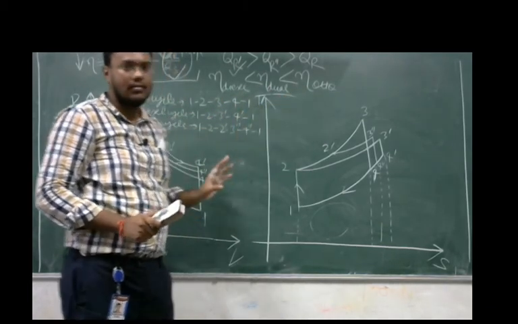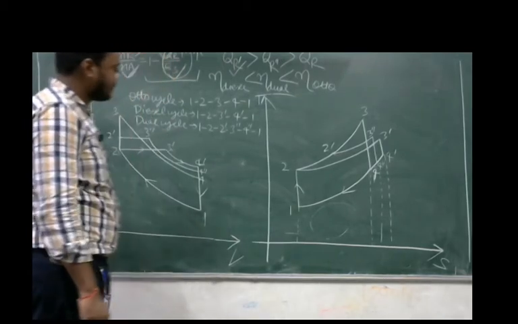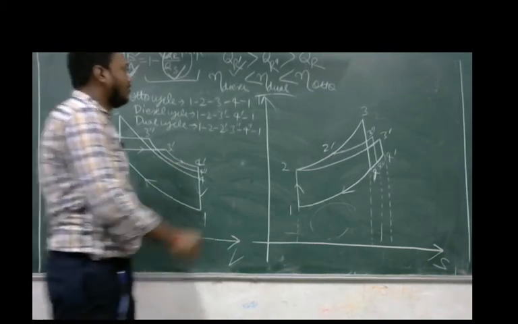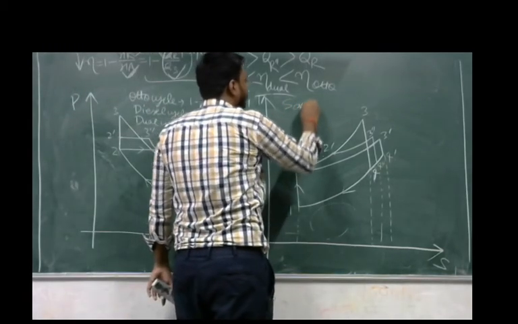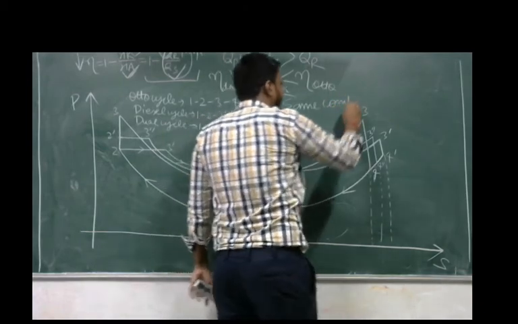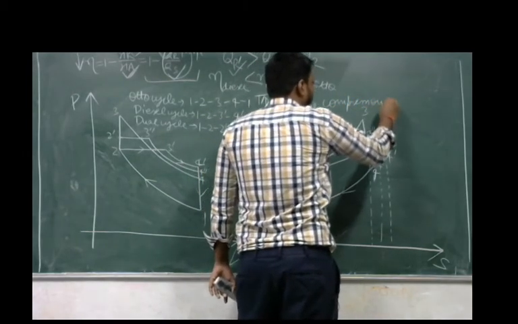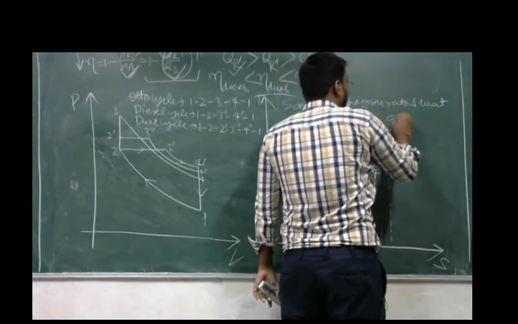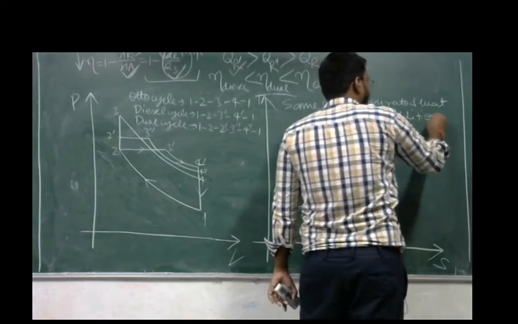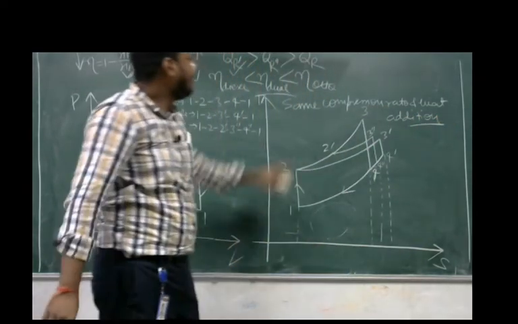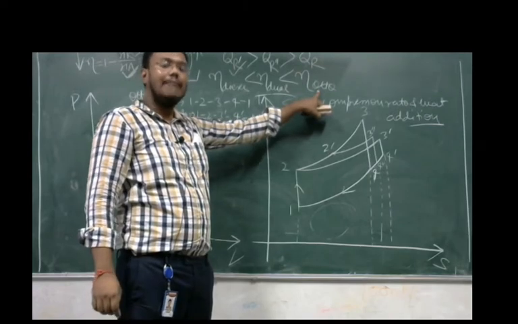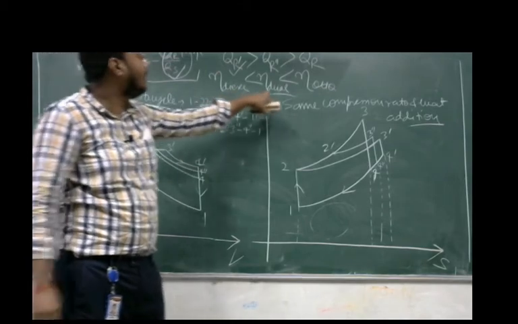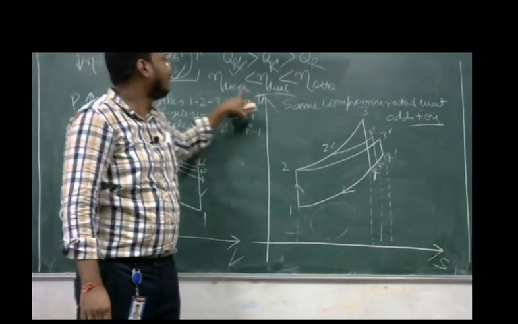So now we have concluded that for same compression ratio and heat addition, efficiency of Otto cycle will be maximum and efficiency of diesel cycle will be minimum, and efficiency of dual cycle lies between Otto cycle and diesel cycle.